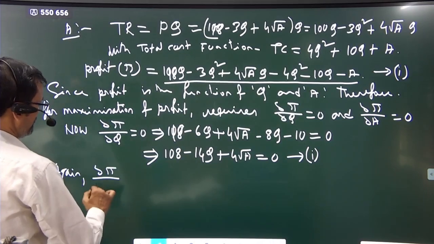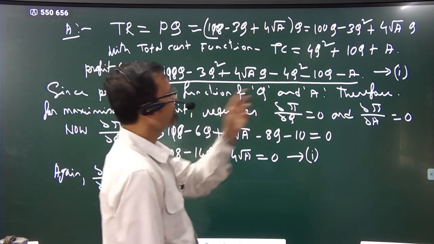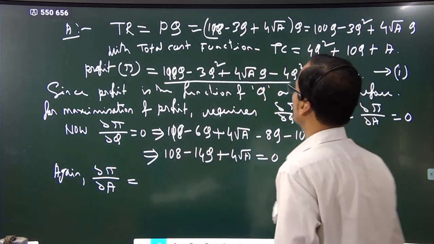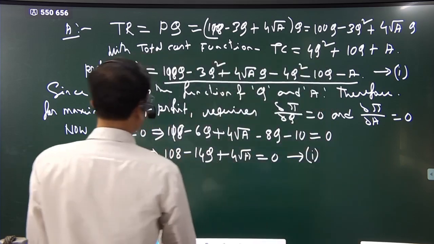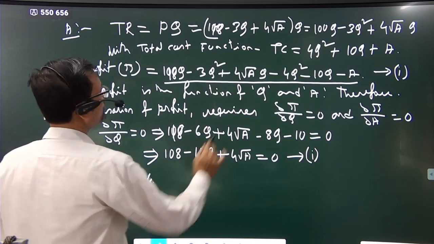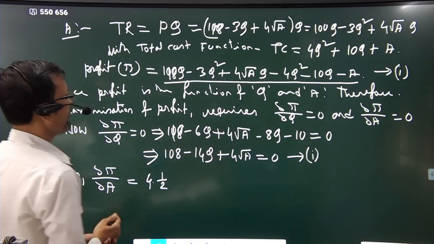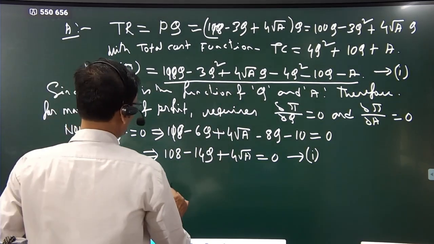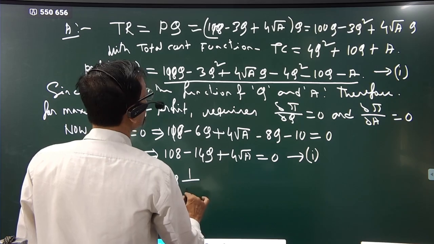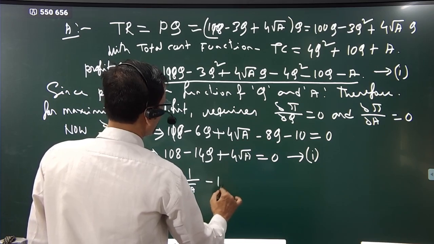Again, del pi with respect to advertisement. Here, if you take 4 times A to the power half, we get 4 into half, and Q times 1 by square root over A, minus 1 equal to 0.